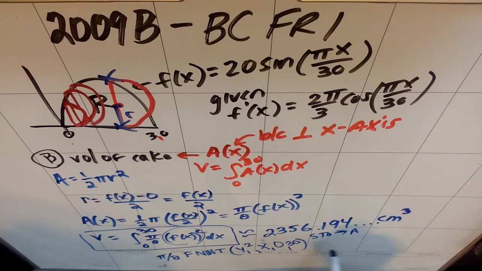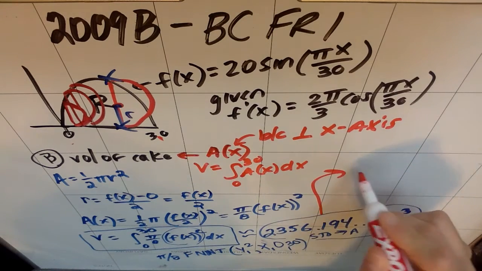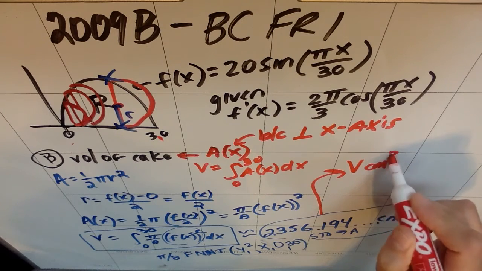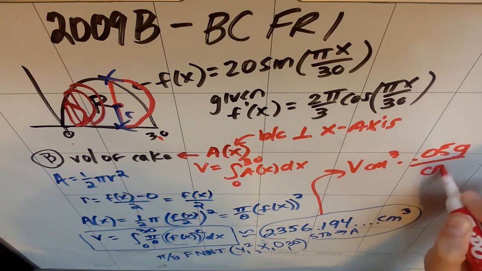The reason I would suggest that you store it as A is you're about to do some other math with it. That's not my final answer. The final answer that they asked wasn't what the volume of the cake is, but rather how many of these 0.05 grams of unsweetened chocolate you would need. So what I'm going to have to do to that, you can store it or you could just hit enter after. The last step in my problem is going to be to convert this answer, which is the volume in cubic centimeters, times the 0.05 grams per cubic centimeter.